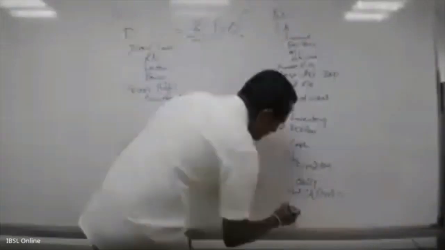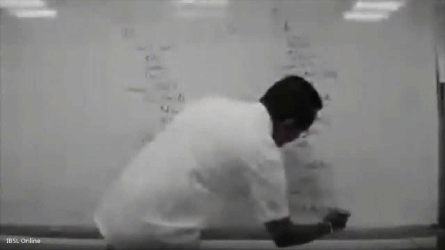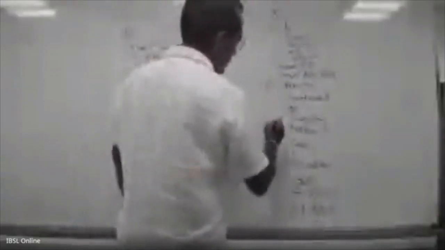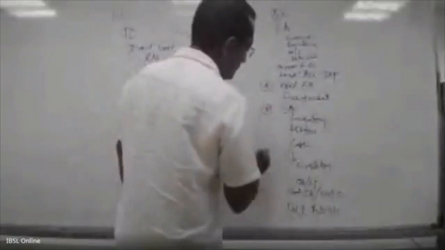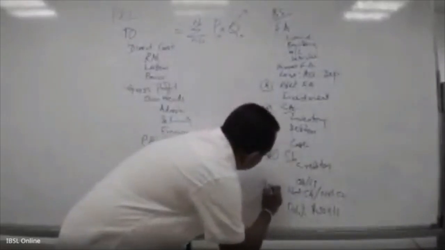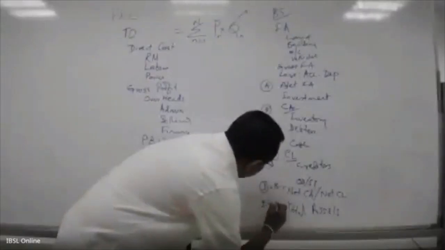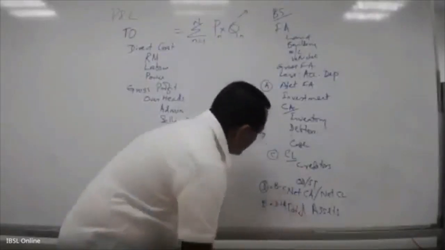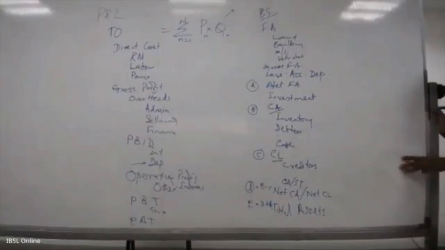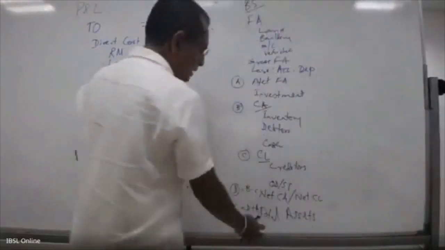Then you have total assets. If we take this as A, this as B, this is C, this is D equals B minus C. E equals D plus A, right? This is the total assets.